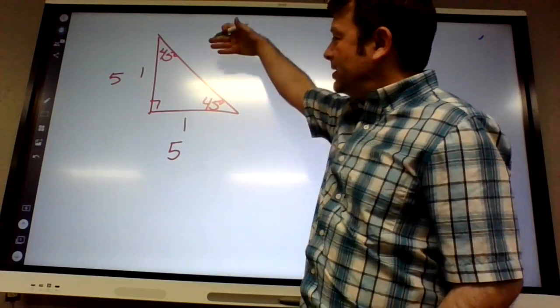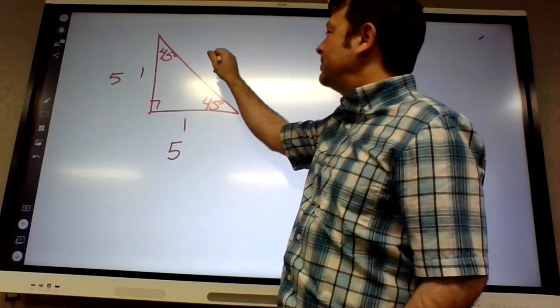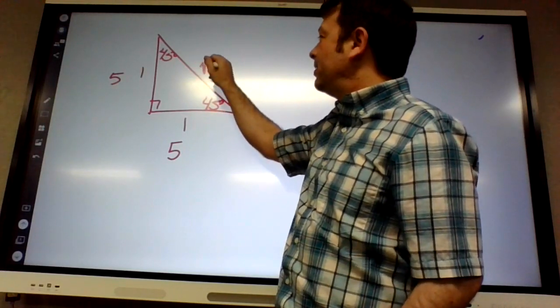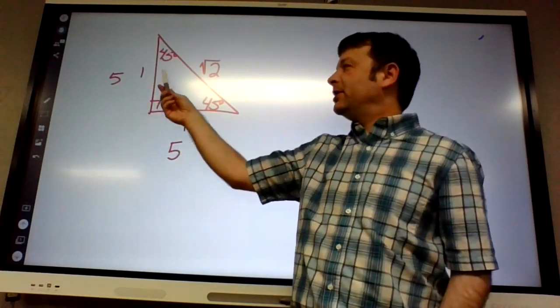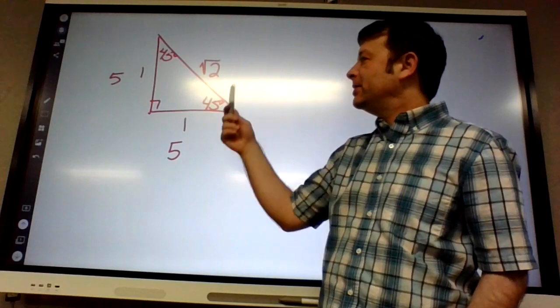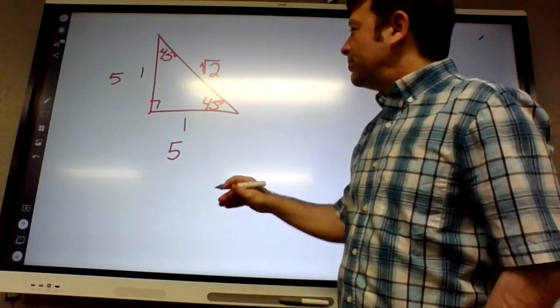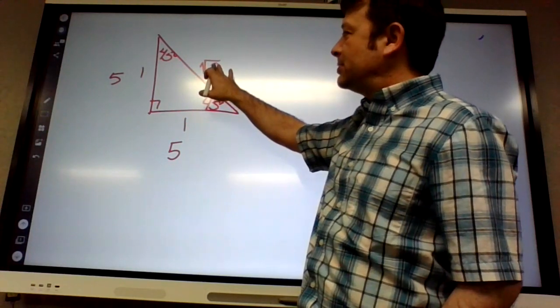Okay, do you guys remember the hypotenuse from this one? Square root of 2. Yeah. Ding, ding, ding. And if you forgot, you could do 1 squared plus 1 squared is 2, and then you square root of 2. So anyway, Pythagorean theorem. So the 1 to 1 to square root of 2 is the ratio of the sides.